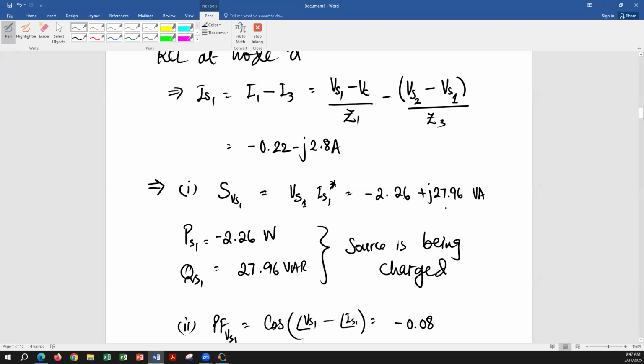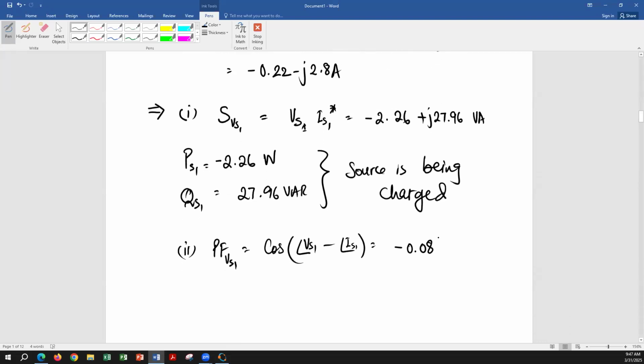The values that I took are, as I said, all over the place. I just chose random values. But make sure your power factor is never negative. It's positive, between 0 and 1, either in the first quadrant or in the second quadrant. So that's going to be 0.08 lagging or leading. So I'm going to write this down. Power factor is not negative.